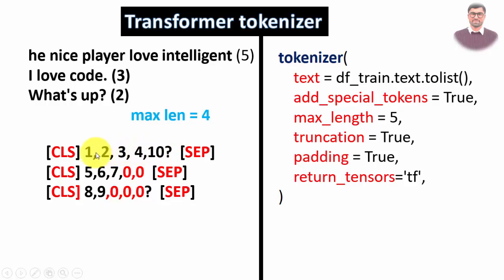It will keep only the first 2 words, so that the length equals the last sentence. In padding we add 0 to the smallest sentence, and in truncation we remove words from the largest sentences. Both do the same thing, equalization, so that the length of each sentence is equal. I hope you get the idea.